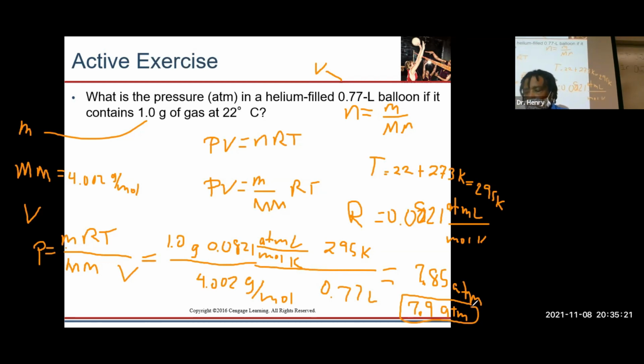R is 0.0821 in the ideal gas law, and it's always going to be the same value. I gave you that value on your table.